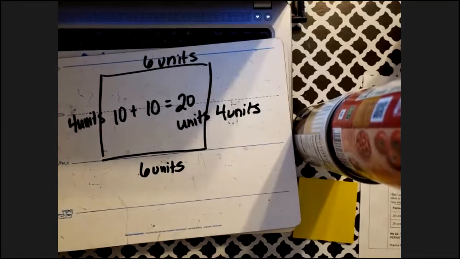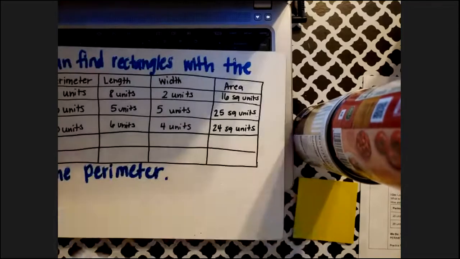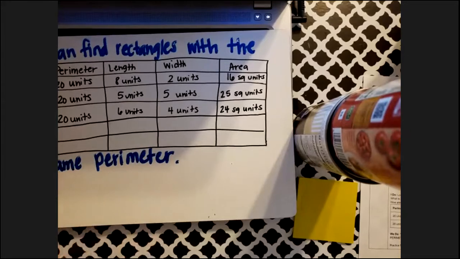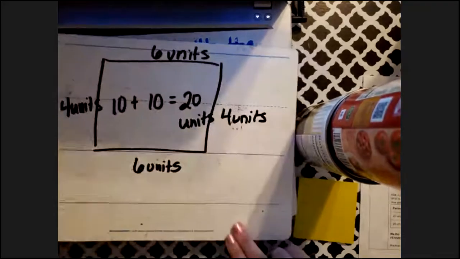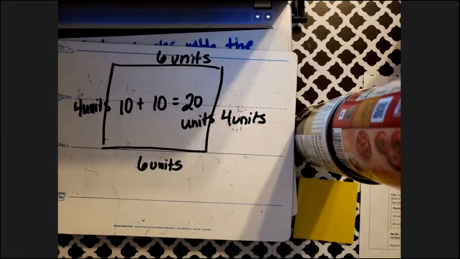So we know that we can find the area of any rectangle by multiplying the length and the width. If we want to find a rectangle that has the same perimeter, then you're going to look at the length and the width and add them together, and then find 2 other numbers that you can add together to get that.